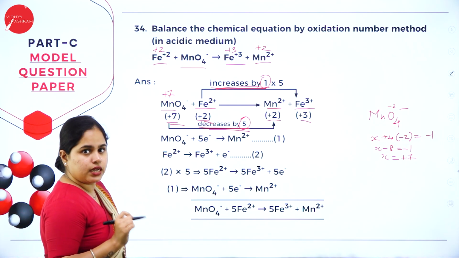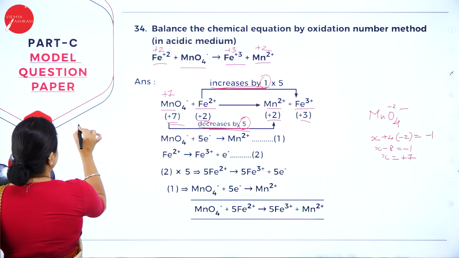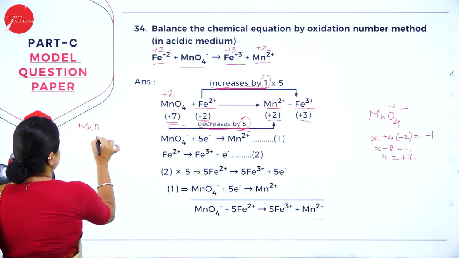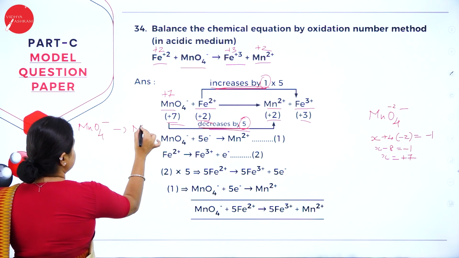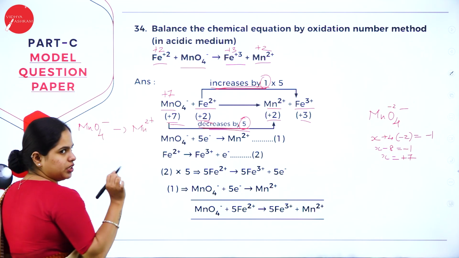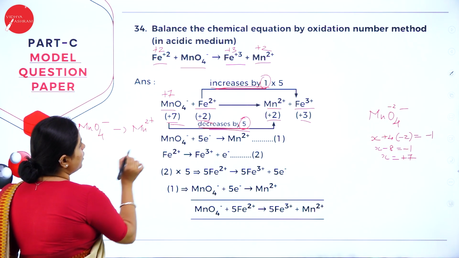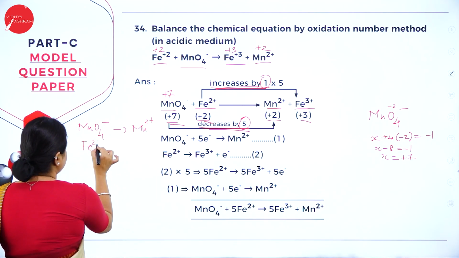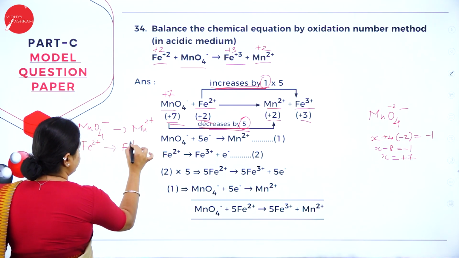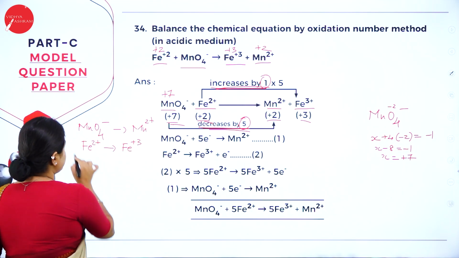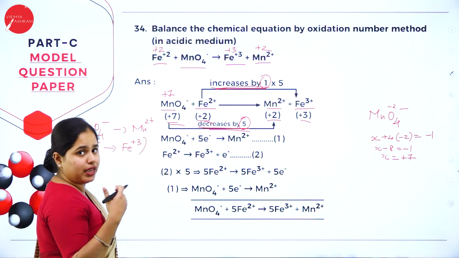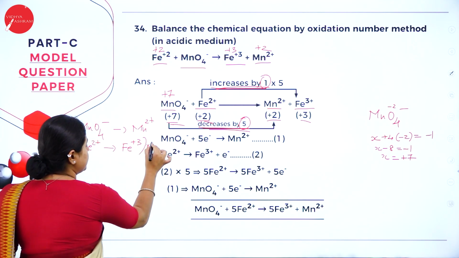Okay. So let us write down that equation here, that is MnO4- to Mn2+, 5 units change there, nothing to change there. Now we have Fe2+ to Fe3+. Okay, that is 1 unit change. So what happens if we have to make both of them equal? I have to multiply this by 5.